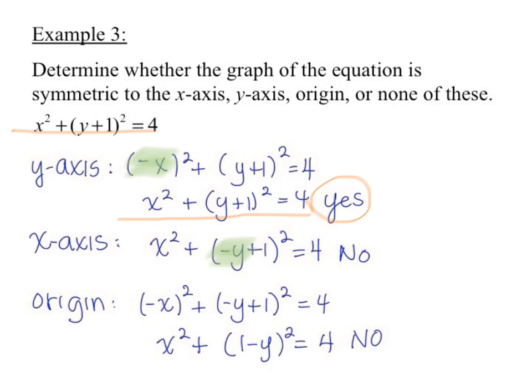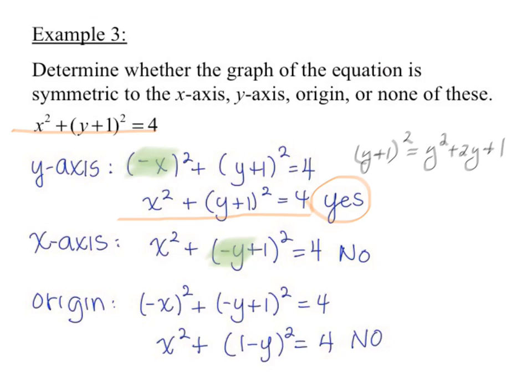And if I multiply this out, and you may or may not want to do that, your y plus 1 squared will be y squared plus 2y plus 1.